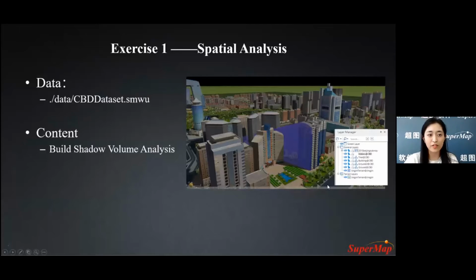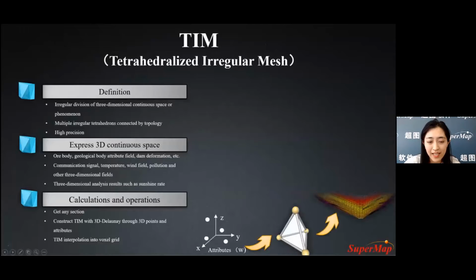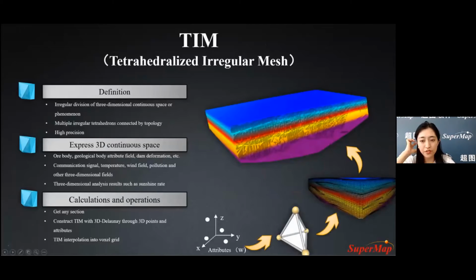Okay, this is our first exercise, build shadow volume analysis. And then I'm going to introduce the TIM model. The TIM model's smallest unit is the irregular tetrahedron.